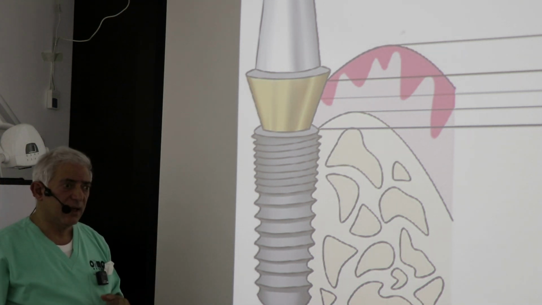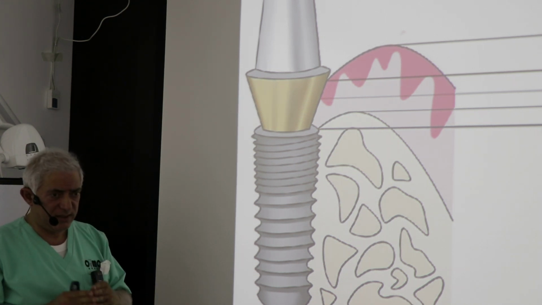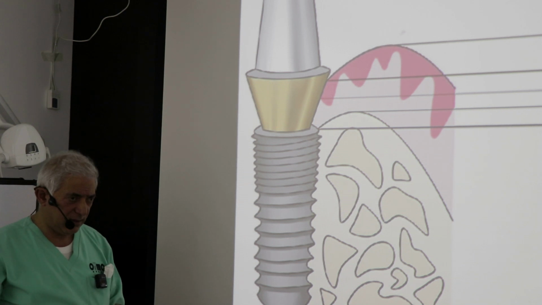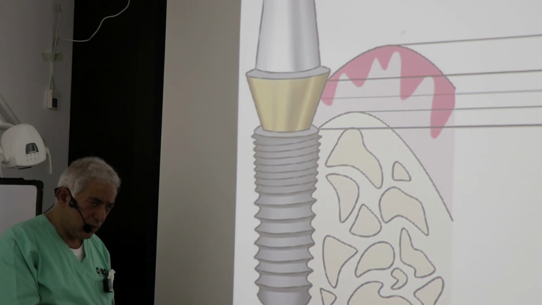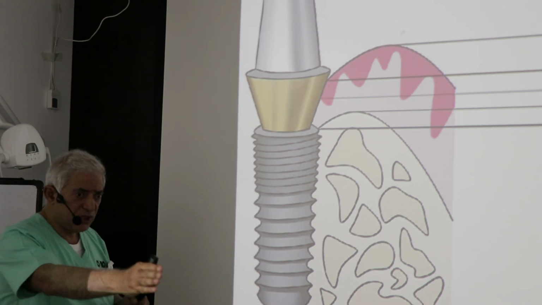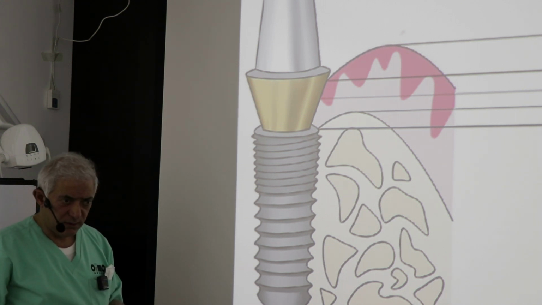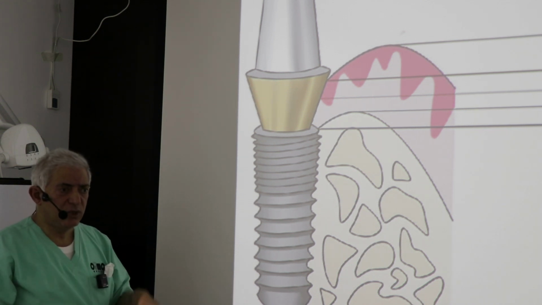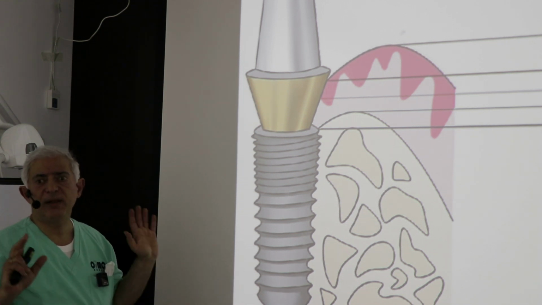This 1.5 millimeter of the area above the implant should be treated differently than the entire crown. Now you might say, can I put it in titanium or can I put it in zirconia? He said glazed. You cannot glaze titanium. The answer is what she said. What was her question? It depends how deep you place the implant.